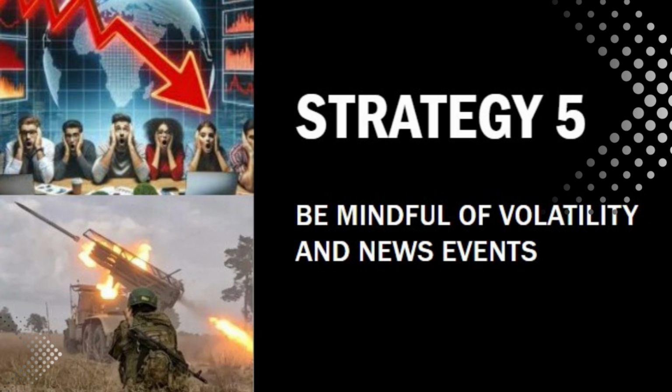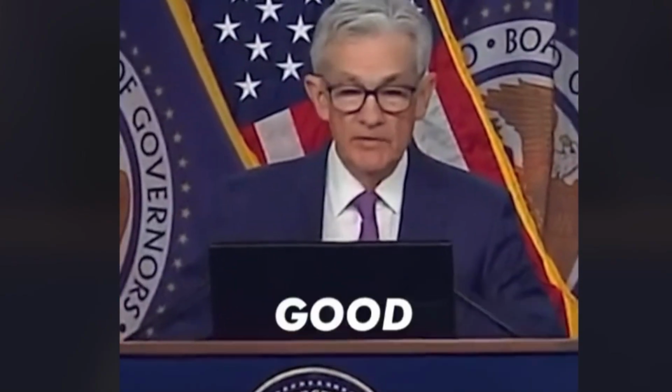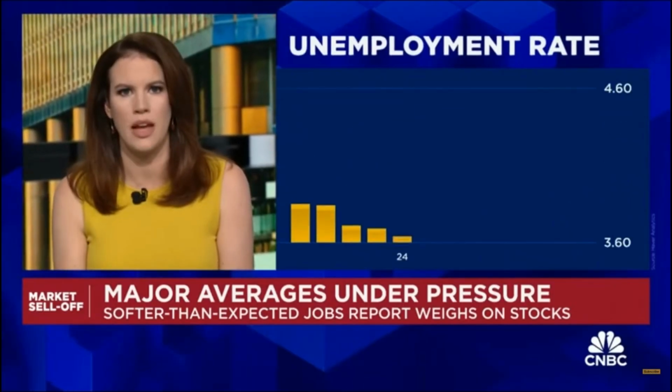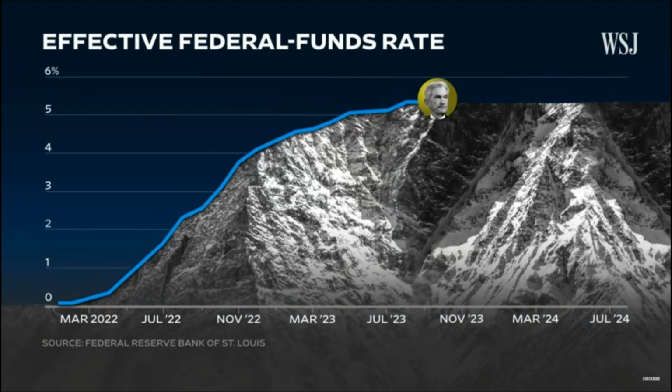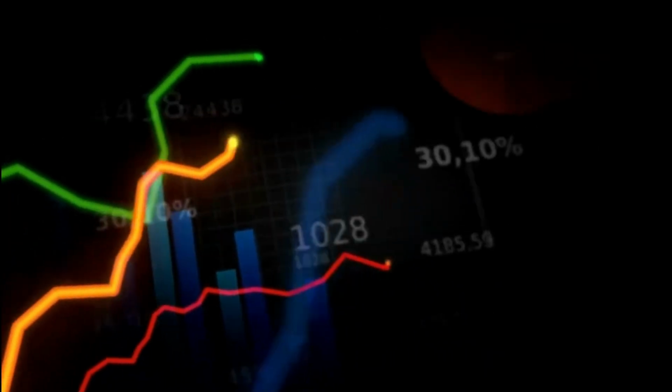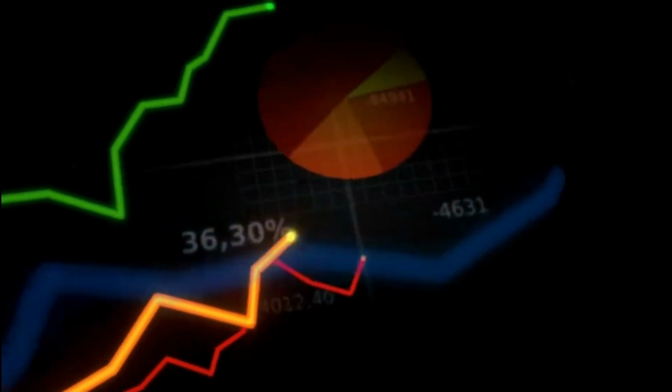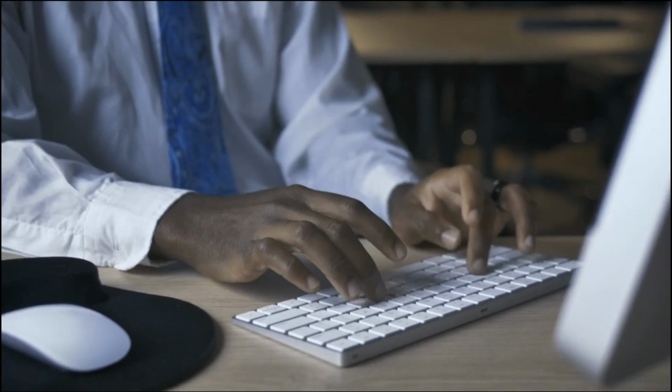Strategy number 5, be mindful of volatility and news events. Volatility in the futures market can spike without warning, especially around major economic news releases like job reports or Fed announcements. These events can cause massive price swings, making it crucial to adjust your risk accordingly.